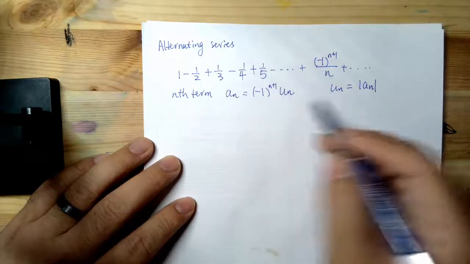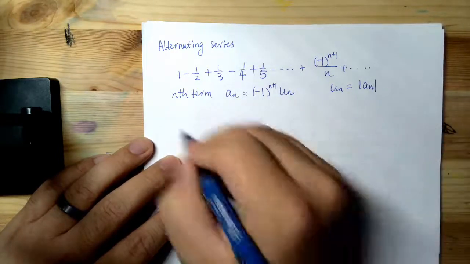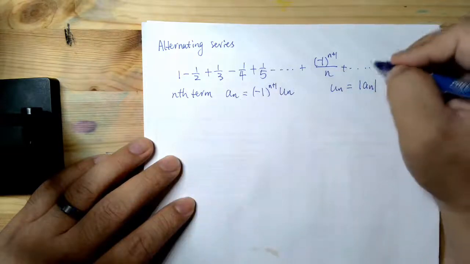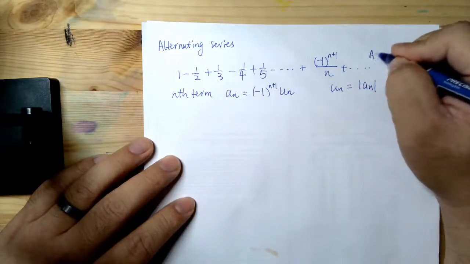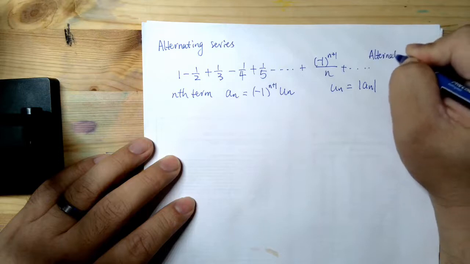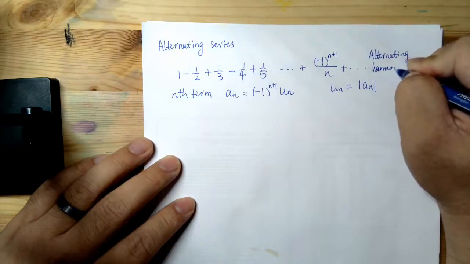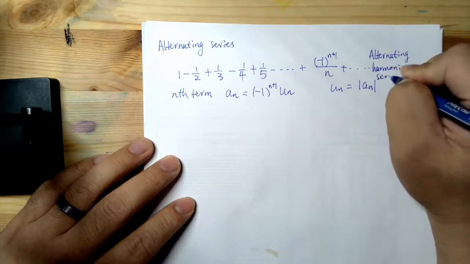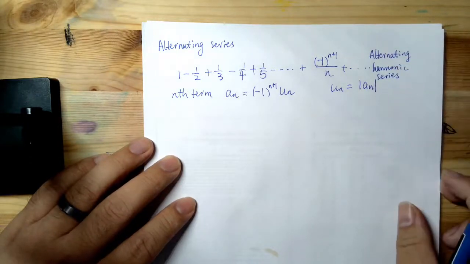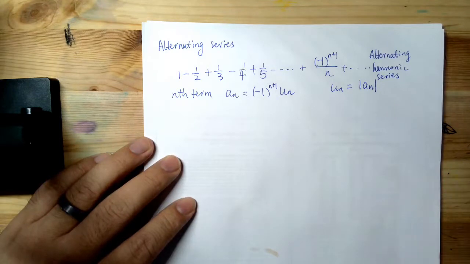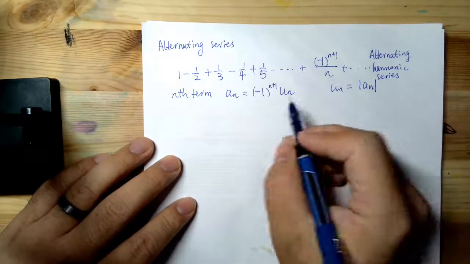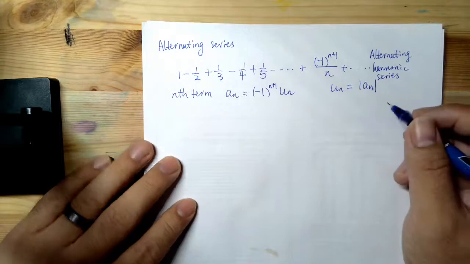So for this series, we also have a specific name: this series is called the alternating harmonic series. Okay, so that's about the meaning of the series.